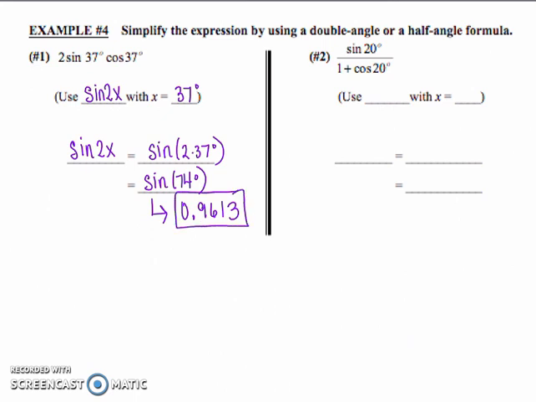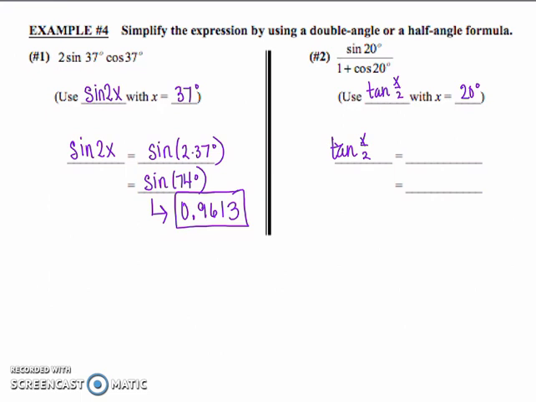In example number 2, we determine which formula this looks like, and this looks like the tangent half angle formula, tangent of x over 2, and in this case, our x value would be 20 degrees because it's sine of 20 over 1 plus cosine of 20.